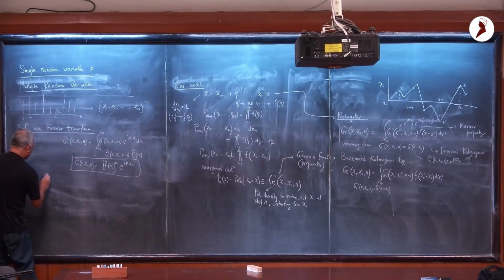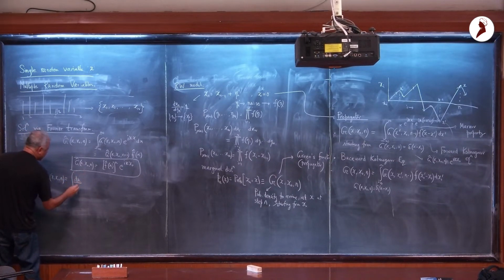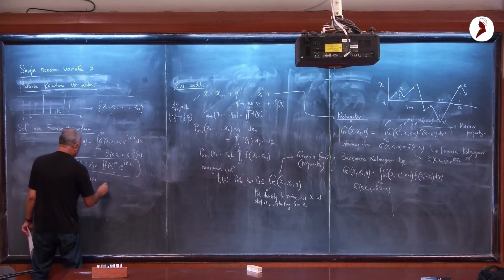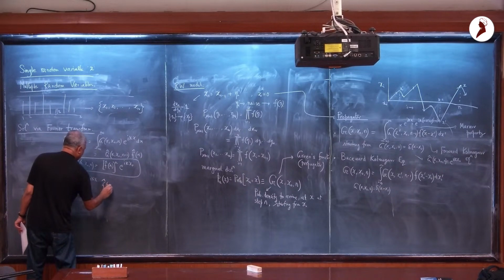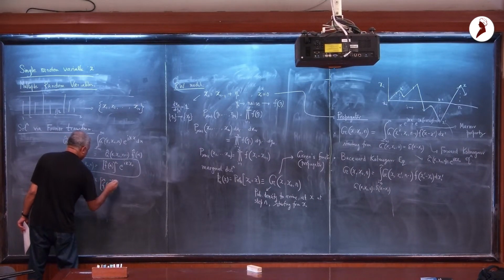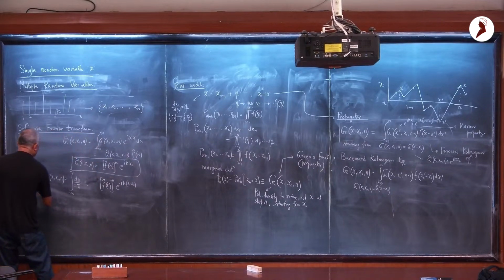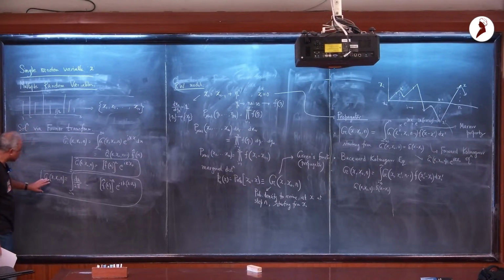Now I can invert this Fourier transform. The inversion goes with a factor 1 over 2 pi and with a negative sign in the exponent. So this is the exact Green's function.